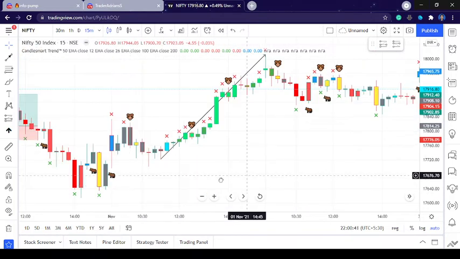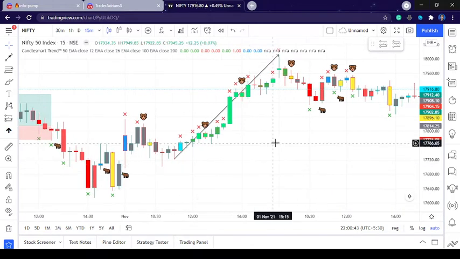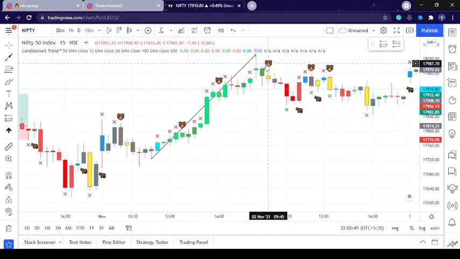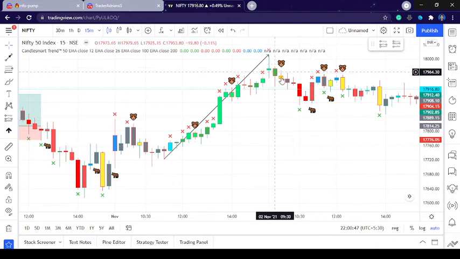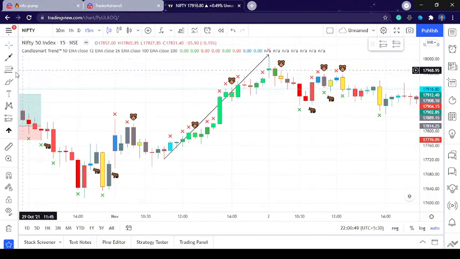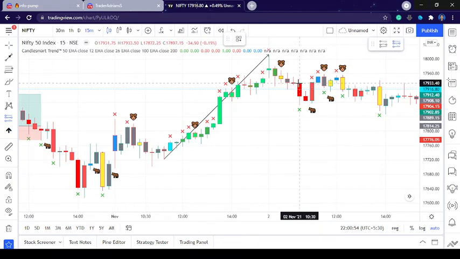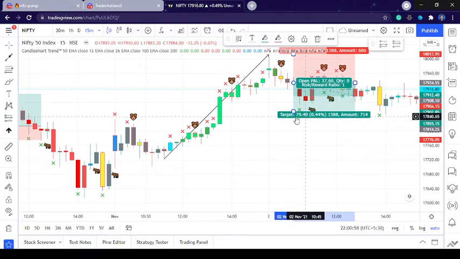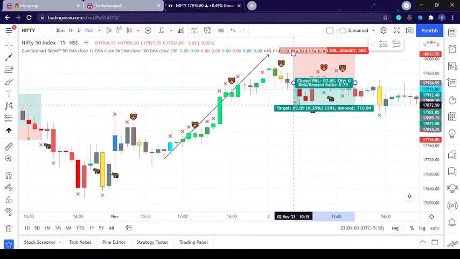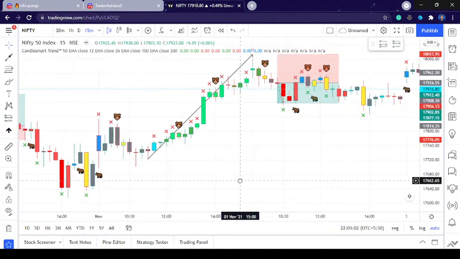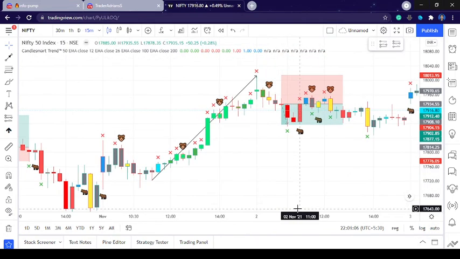15 minutes, see here a high push happened, and after that a bearish candle formed and it got reversed. We are taking a short trade here, from this red candle, right? See, we can make good money here too.